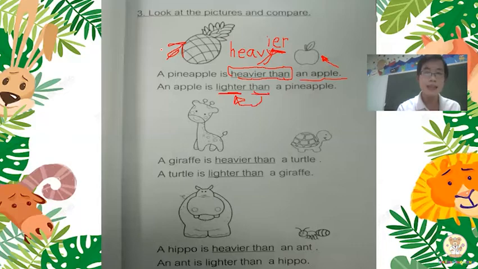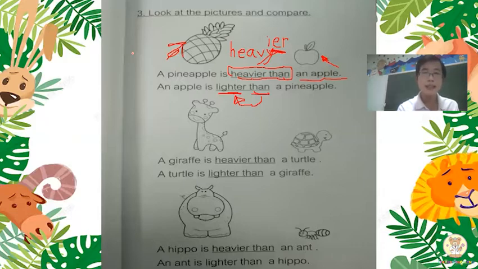Okay, let's see the last one. A hippo. A hippo is heavier than an ant. An ant is lighter than a hippo. Again, a hippo is heavier than an ant.